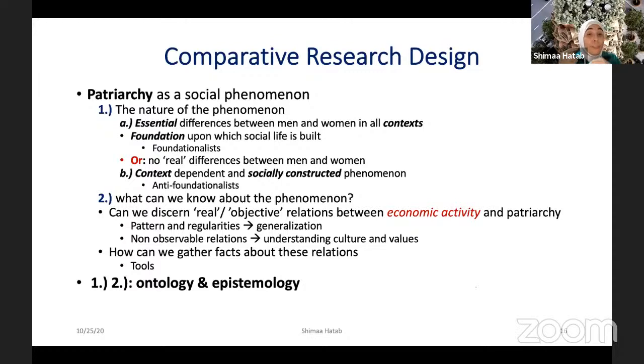But if you are anti-foundationalist, you believe in specific properties related to specific social structures, different cultures, norms, values and beliefs. So you believe that you cannot observe this kind of relationship between social structure and male domination, or patriarchy, in particular societies. What you need is to understand norms, culture and behavior.